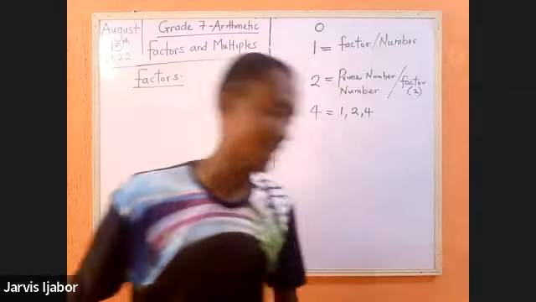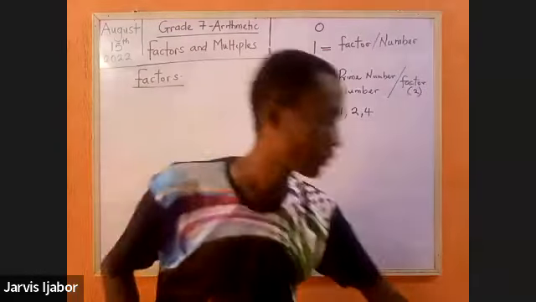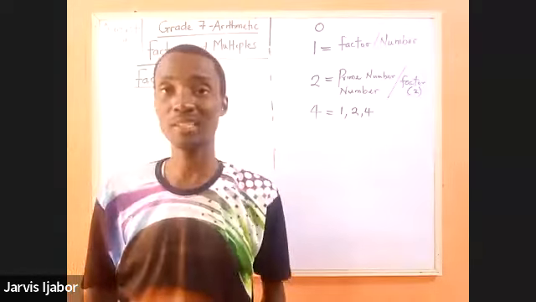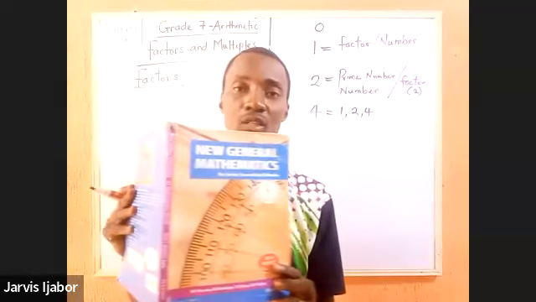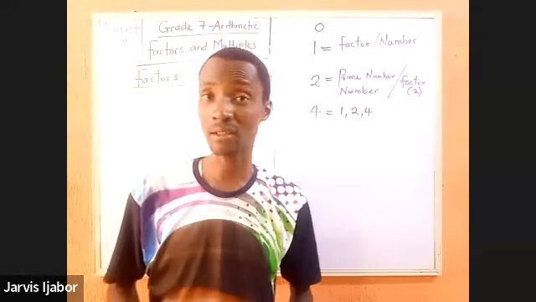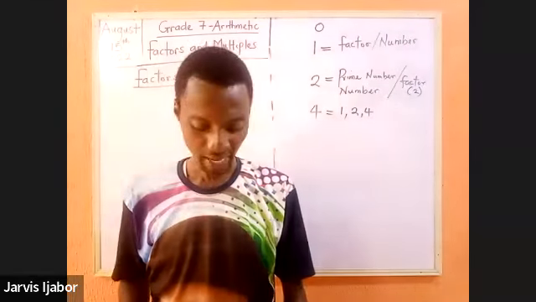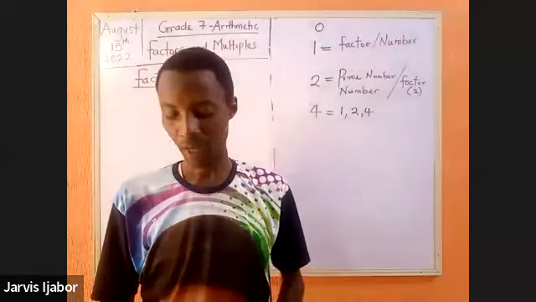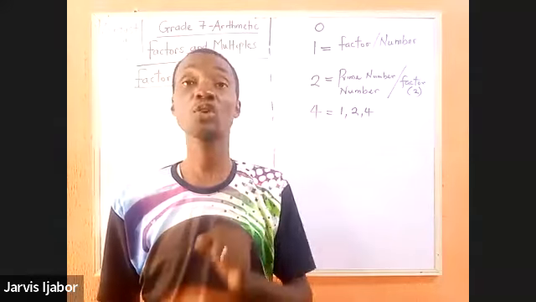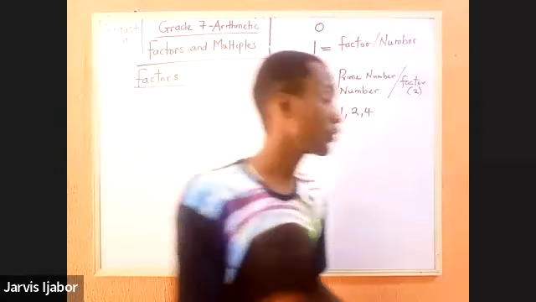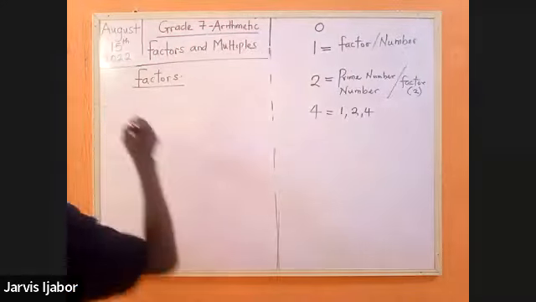Now, let's look at exercise 3A of your textbook. Our official text, once again, for this class is the New General Mathematics for JS1, grade 7. I will be looking at page 15, exercise 3A. Question 1. Find all the factors of the following numbers. I'll just pick a few of them. I'll start with 1A.